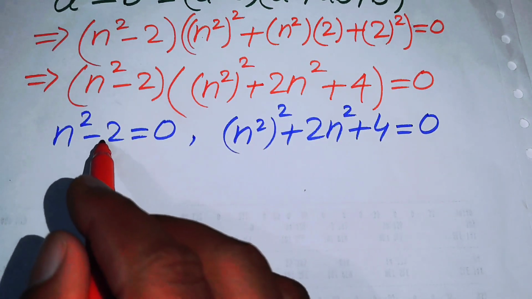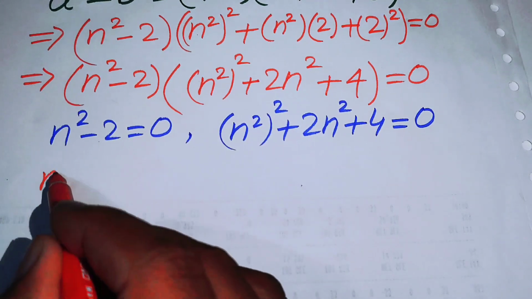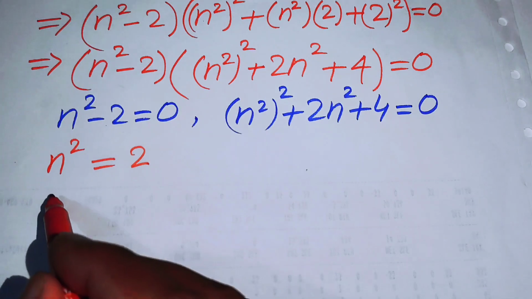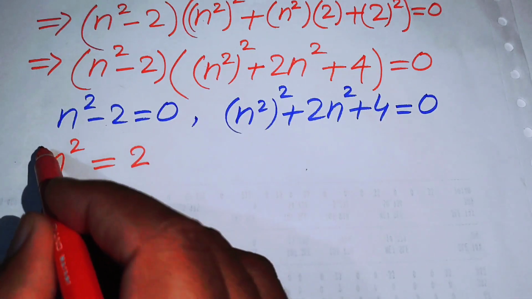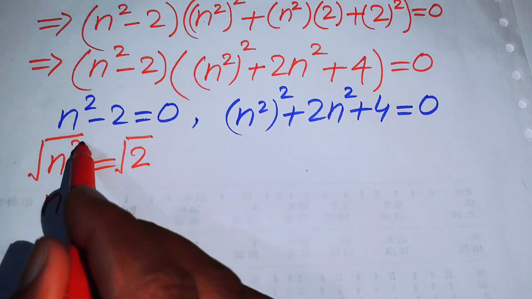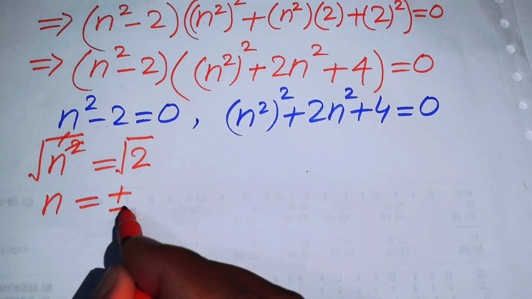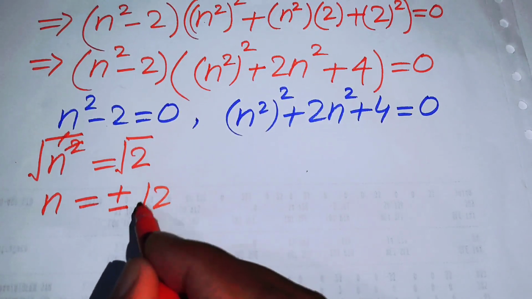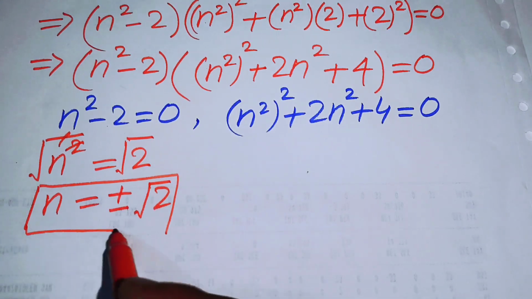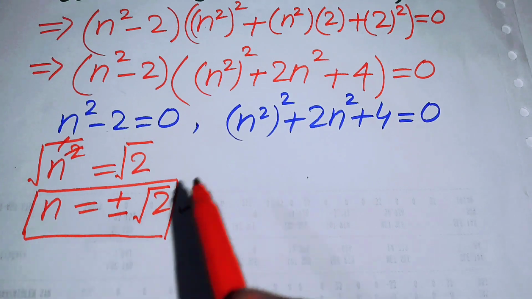So first we can move this minus 2 to the right hand side, and you will get n squared is equal to 2, and now we can take the square root on both of the sides, and you can see here this 2 and square root are cancelled and you get n, and here you get plus minus square root of 2. So these are the first two real roots of this equation.